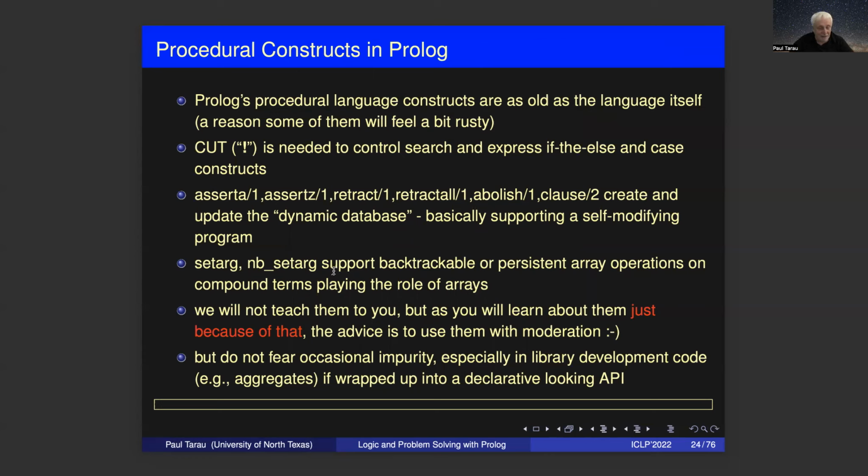There is a backtrackable assignment of an argument, or non-backtrackable, very useful when you want to do library predicates with that. And of course, the impure constructs in Prolog should be used with moderation, but occasionally, especially for library developments, they are very useful.